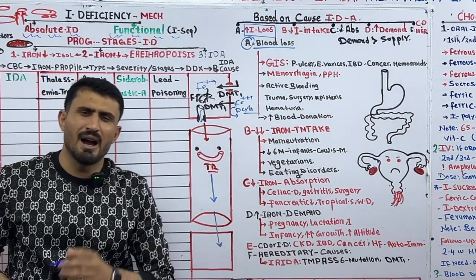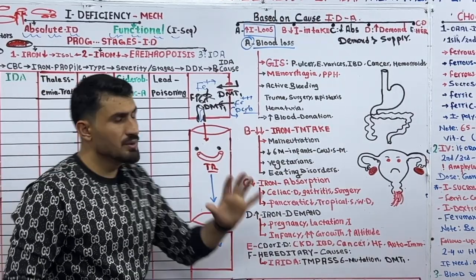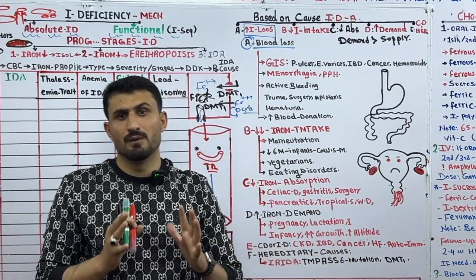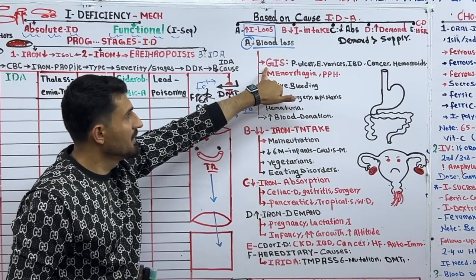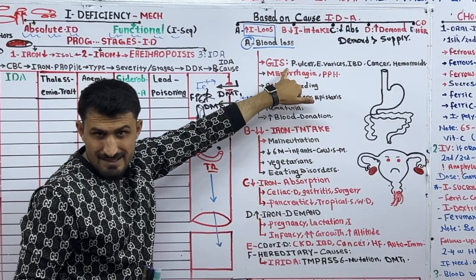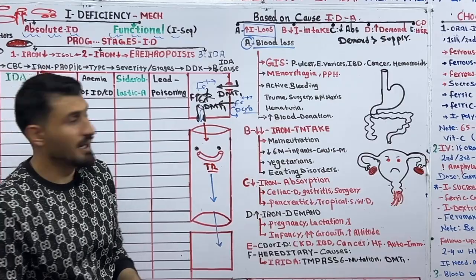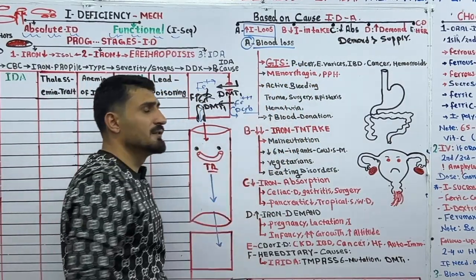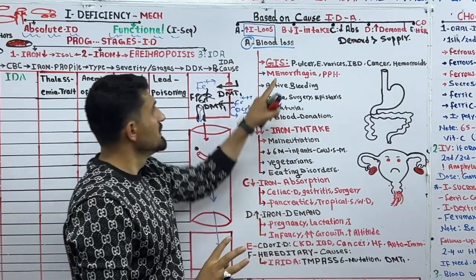When an iron deficiency anemia patient comes to your department and you diagnose it as iron deficiency anemia, first of all you have to rule out GI bleeding, specifically in males and post-menopausal women.